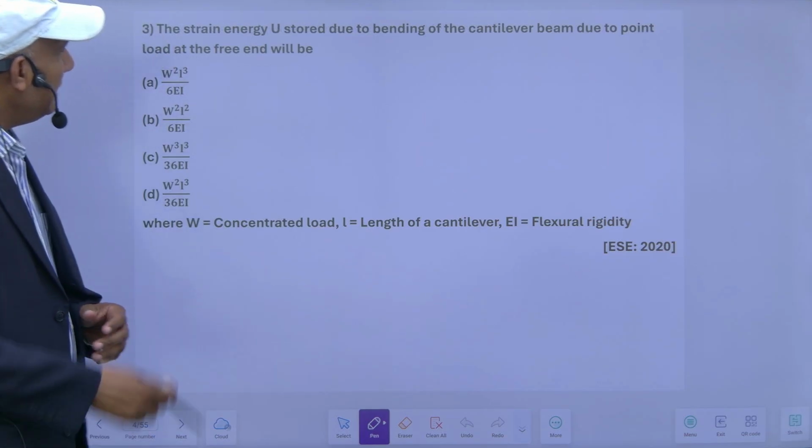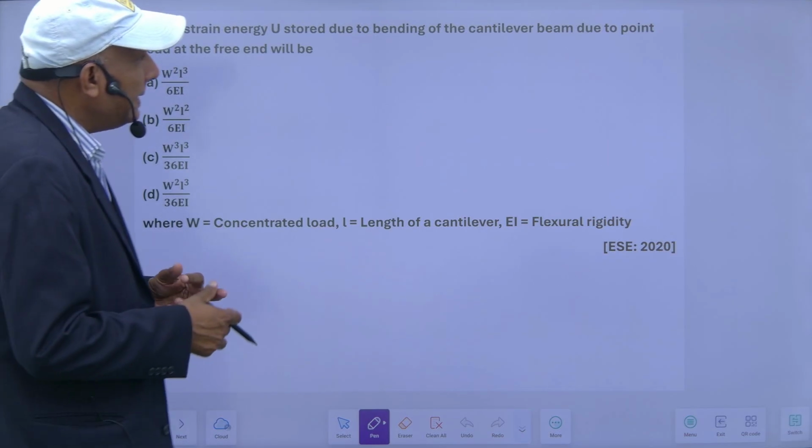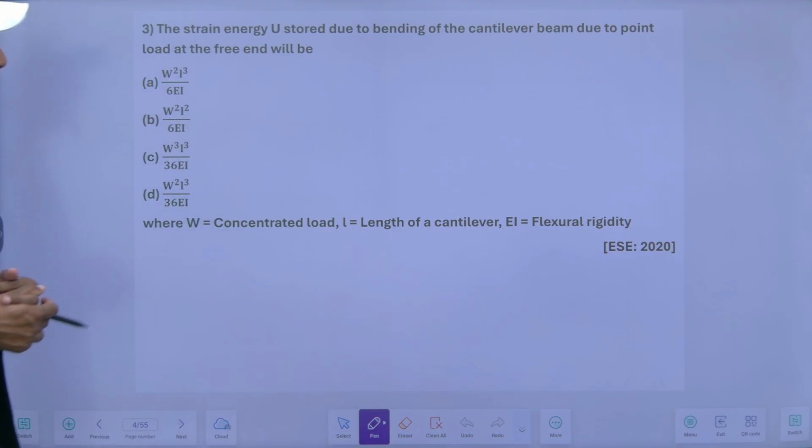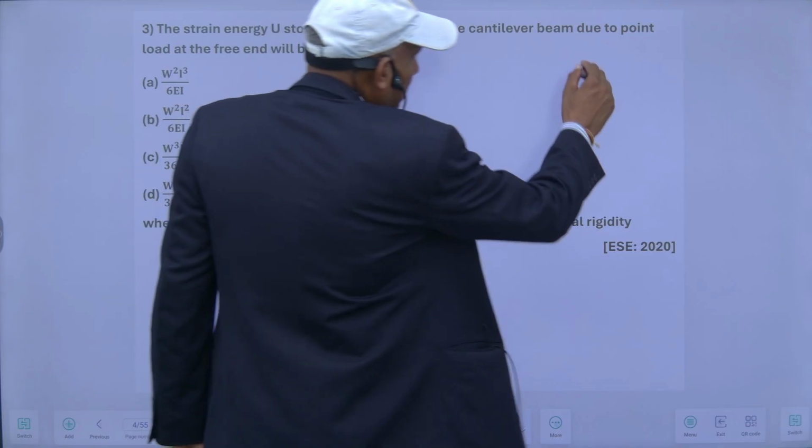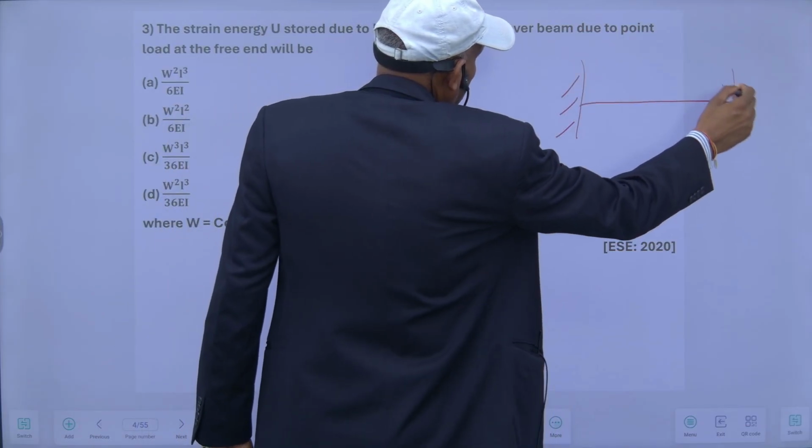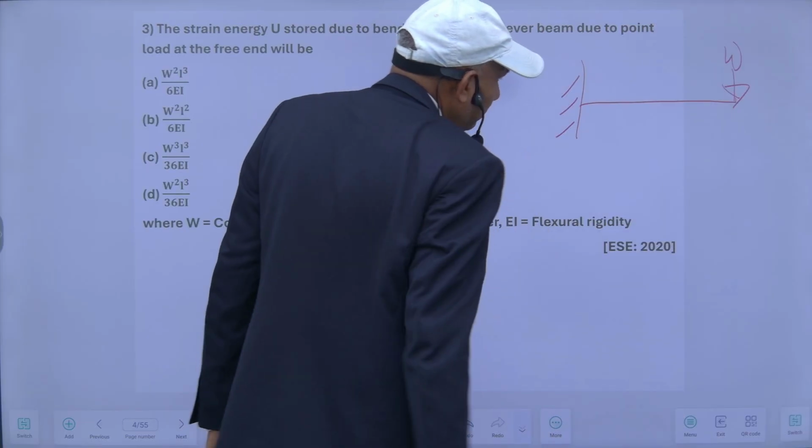Next, the strain energy stored due to bending of the cantilever beam due to a point load at the free end. So this is my cantilever and this is a point load.